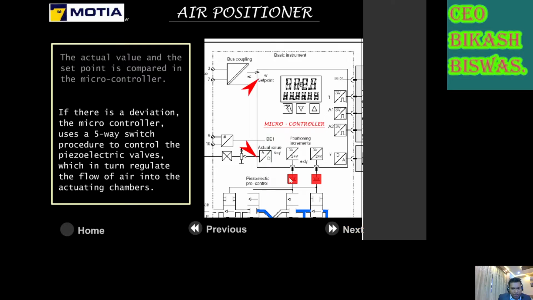So this is the piezoelectric equipment, and according to the set point and the desired value, there is a deviation. With the deviation current coming to the piezoelectric equipment, this piezoelectric equipment is controlling the gate. Let us take the next slide.